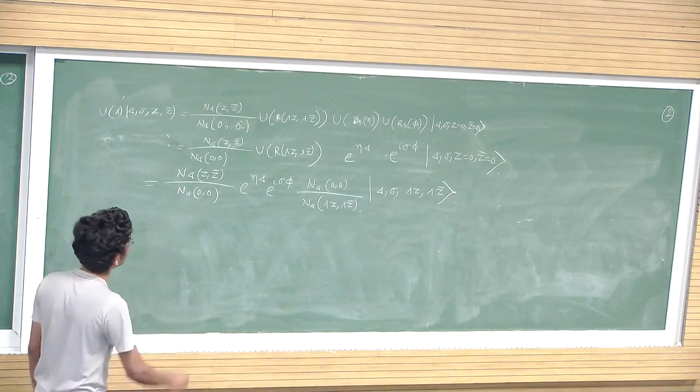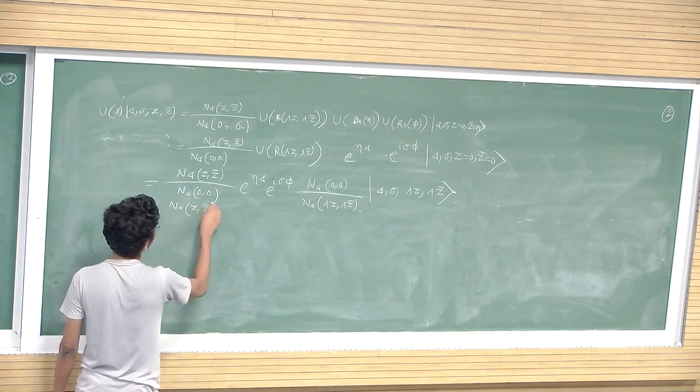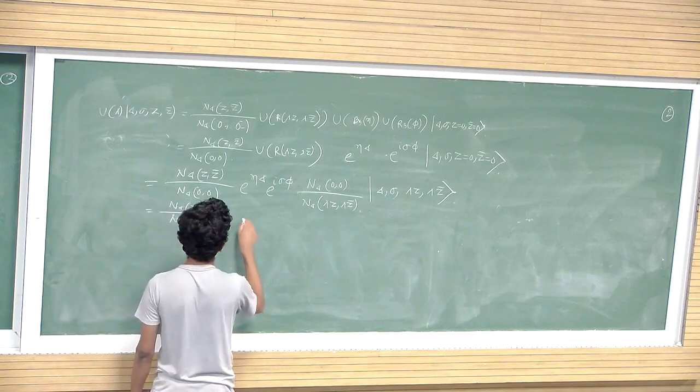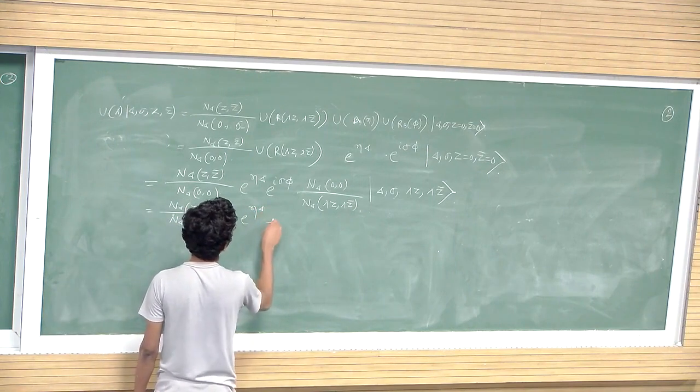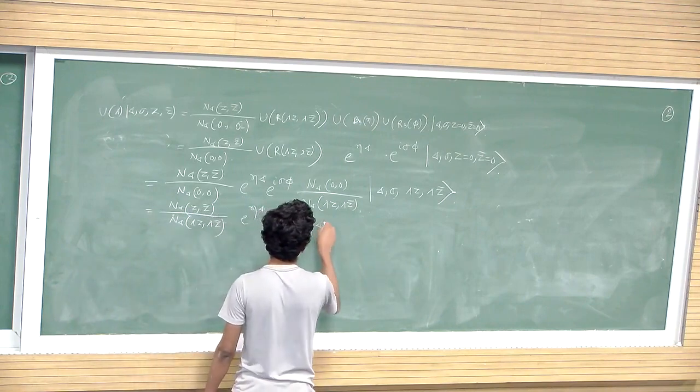Hence finally it becomes N delta z bar by N delta lambda z bar, times delta sigma.